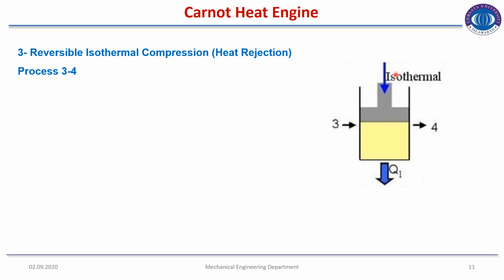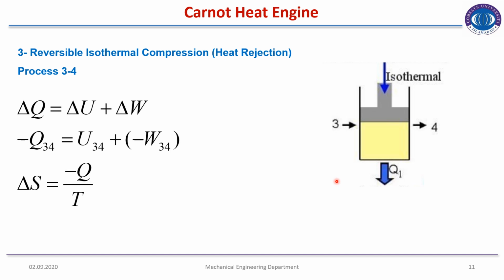Compression means the piston will move downward and the volume will decrease. And heat rejection suggests that Q1 amount of heat will be rejected to the ambient air surrounding. From the first law of thermodynamics, del Q is equal to del U plus del W.